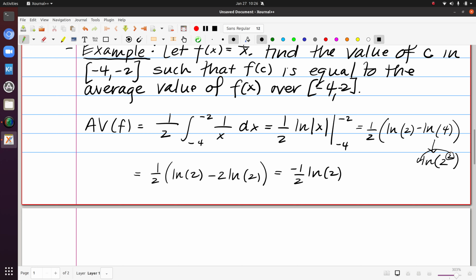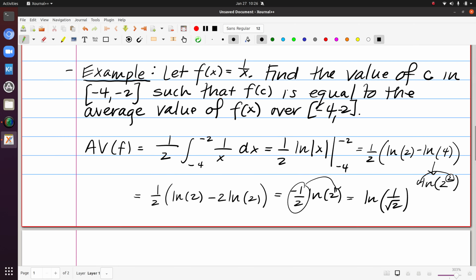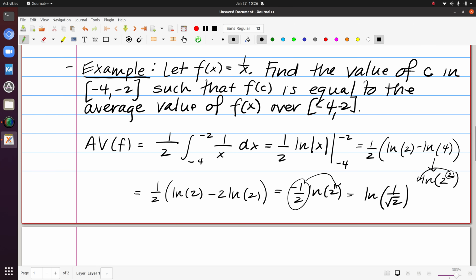And further, that's the same thing as the natural log of 1 over square root of 2. That's because I can bring this back in as an exponent, and 2 raised to the minus 1/2 is 1 over square root of 2. So that's the average value of f over this interval.